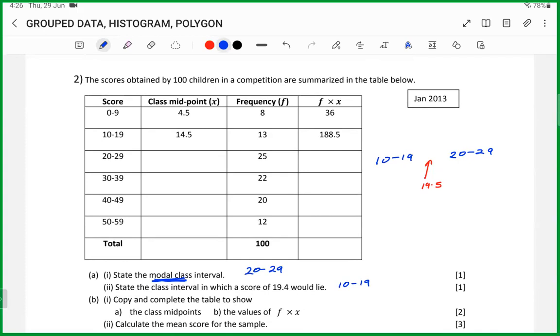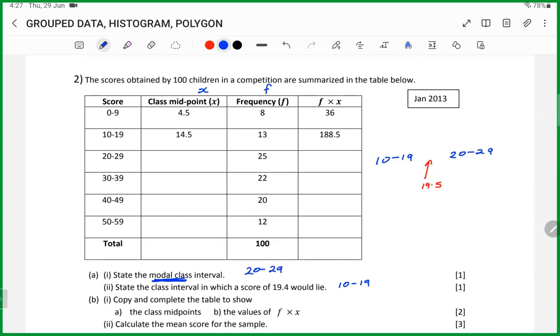All we have to do first is find the class midpoint. So instead of just one raw score, we are using x as the midpoint. And once you do that, it's going to be very similar to what we did before.